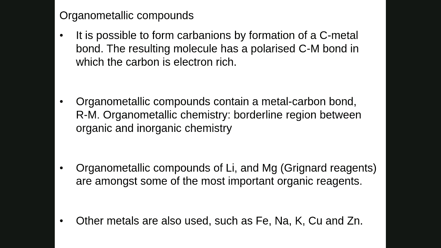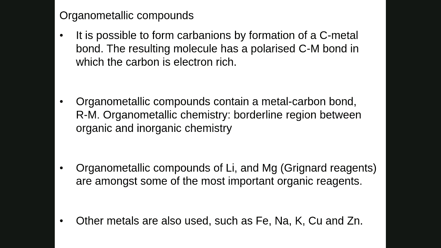The most typical ones used widely in synthetic organic chemistry are organolithium compounds and magnesium compounds. The specific magnesium compounds are called Grignard reagents, after the chemist that came up with their synthesis.